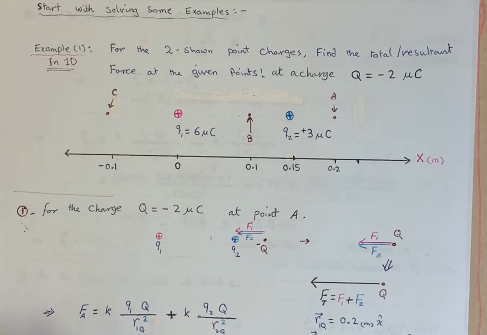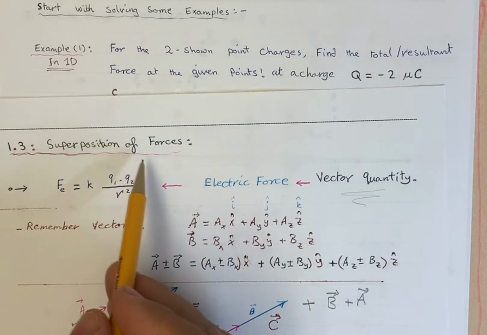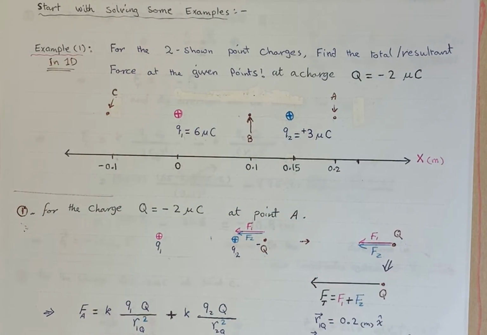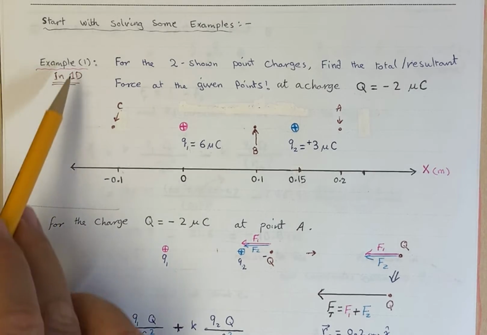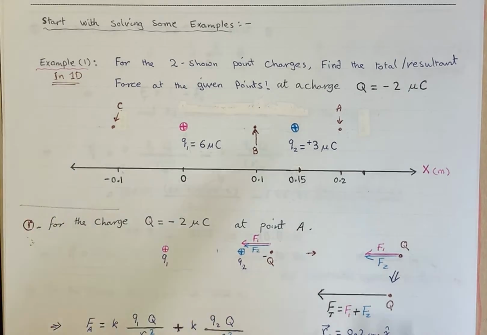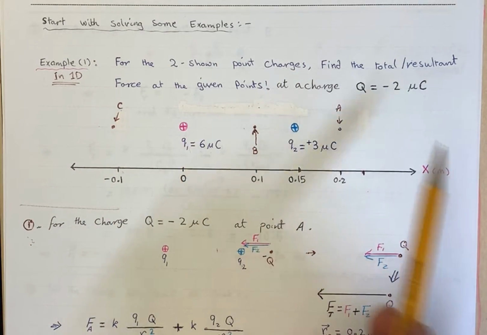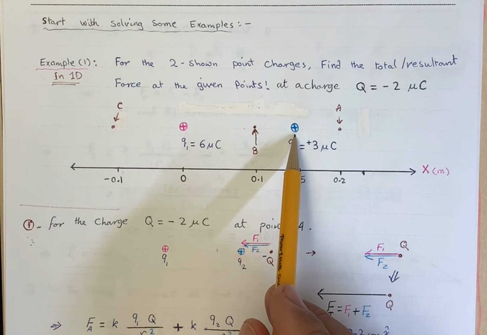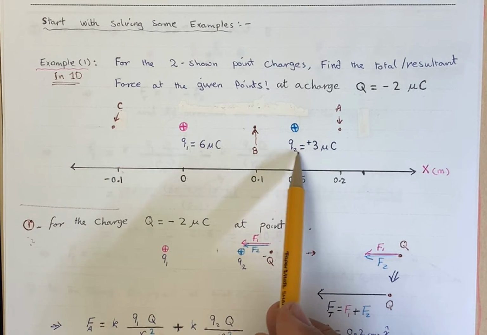Now, to know what we mean by superposition of the forces or vectors, let's do it by solving examples. Let's make it directly now by solving the first example. I will not talk too much about the words here, but what we have are 2 charges, Q1 and Q2.